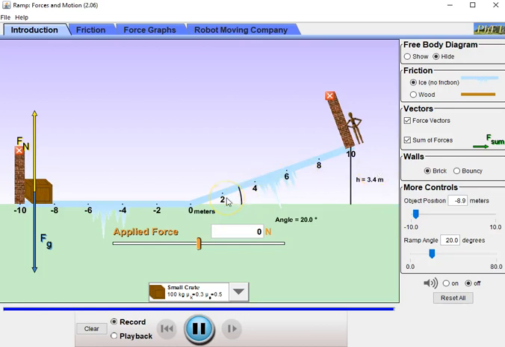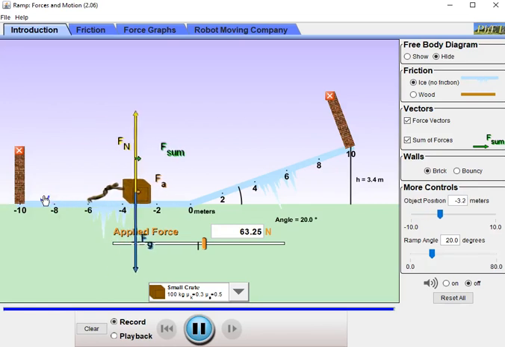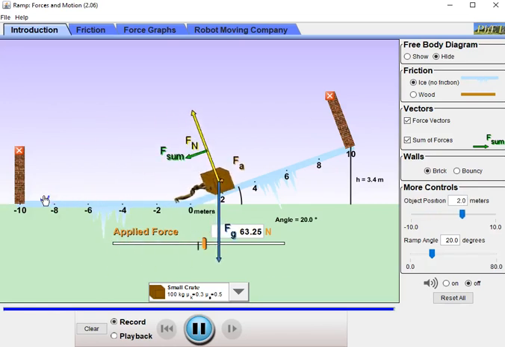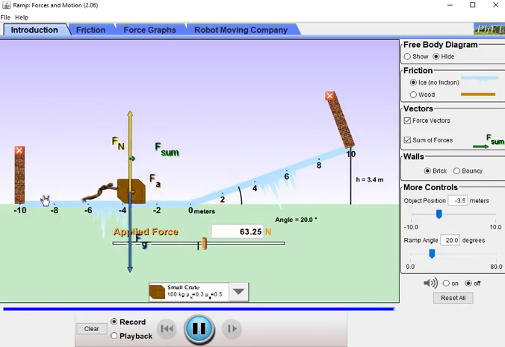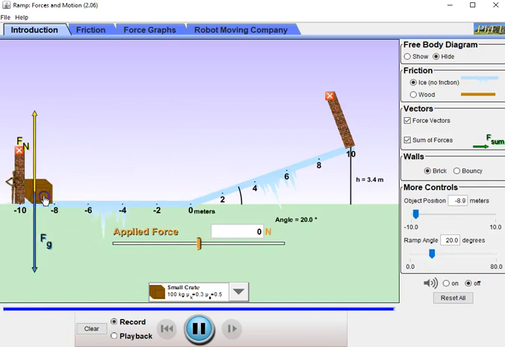The angle of the ramp is at 20 degrees. It was 30 degrees at first, but just change a little bit here. And the slope is still icy. So now let us try and see the effect. Now from minus 10 to 0, it's still the same as previous. Now, as soon as you push it up the ramp, let's see what happens.